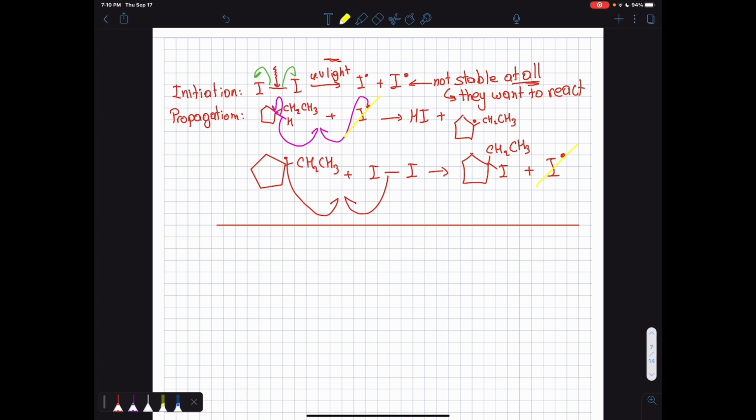And then we had the radical cyclopentane with the ethyl, and those two will cancel out. And then the final reaction will be a CH2, CH3, H plus I2 will give us CH2, CH3 with an iodine.